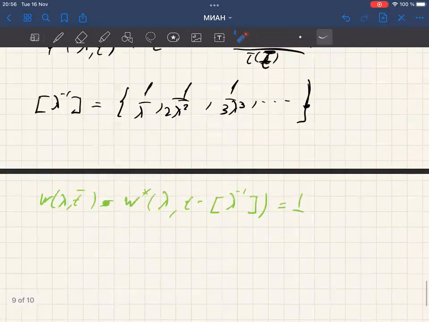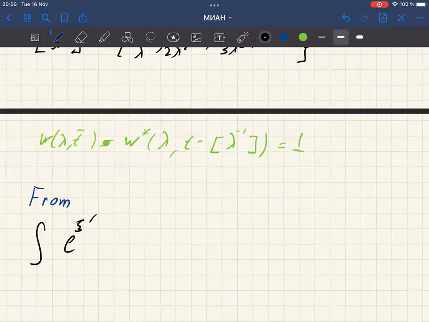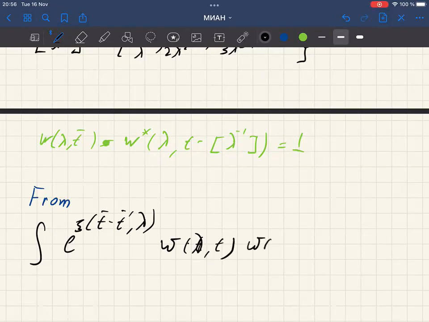But we want to obtain this from our equation, let me see, t minus t lambda omega lambda t omega lambda t equals t lambda.